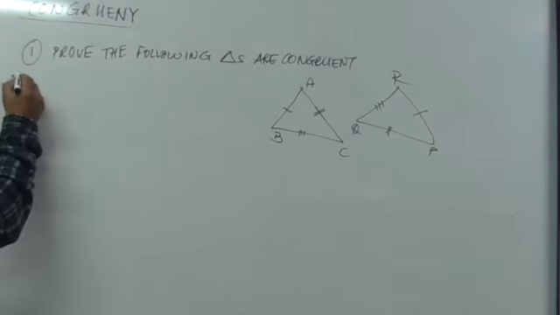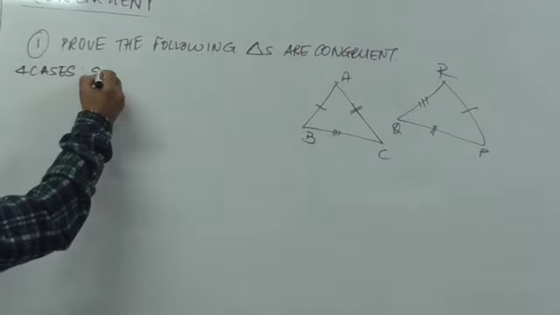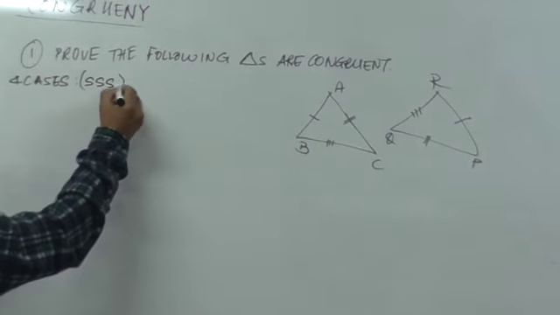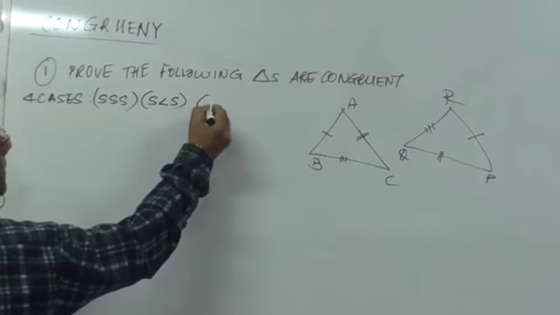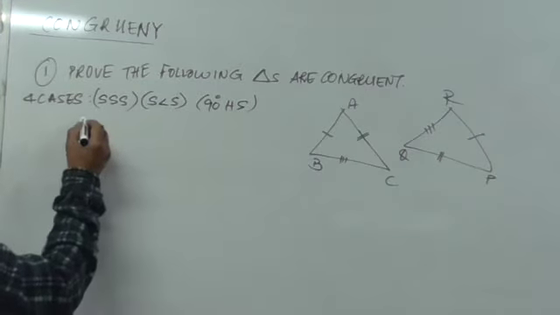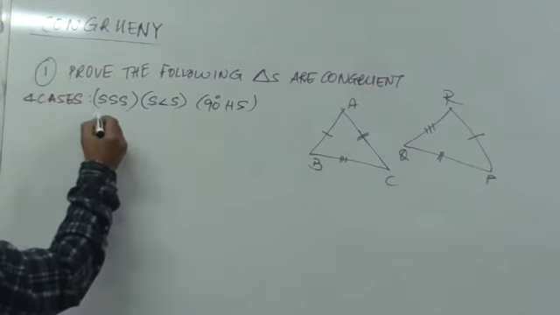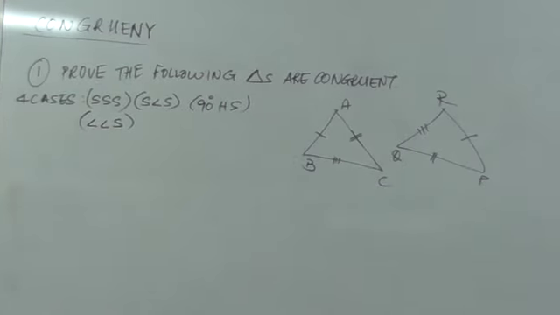Well, we know there are four cases, and the four cases are side, side, side; side, angle, side; 90 degrees, hypotenuse, side; and angle, angle, side. So we look at the diagram carefully and we see which one of these four that diagram is satisfying.